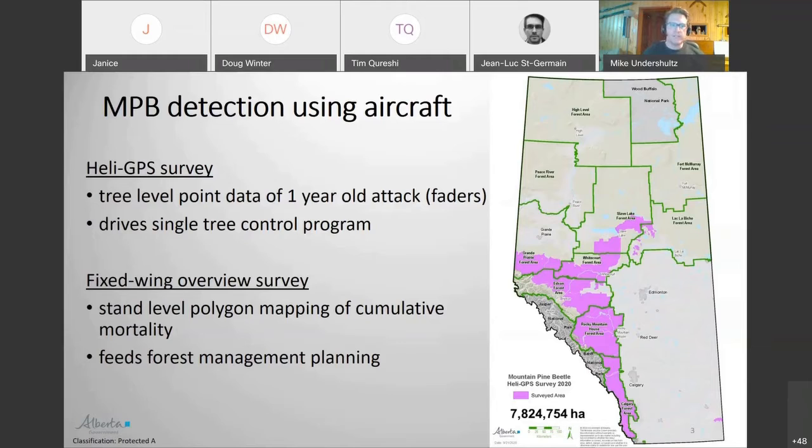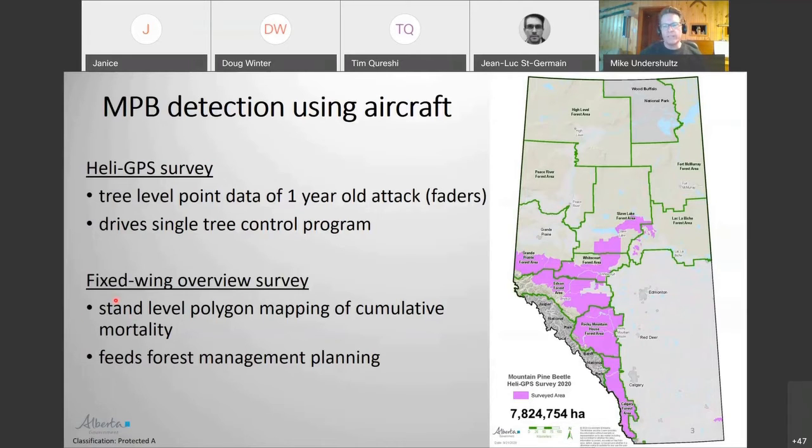There is an area to the north where mountain pine beetle has been active from the onset of the infestation almost 20 years ago. But in that area, the infestation has kind of subsided, so we don't necessarily do large polygon mapping up there anymore. One of the reasons being is we've developed some pretty decent remote sensing techniques, go figure. So if you're interested in that, you're in the right place.